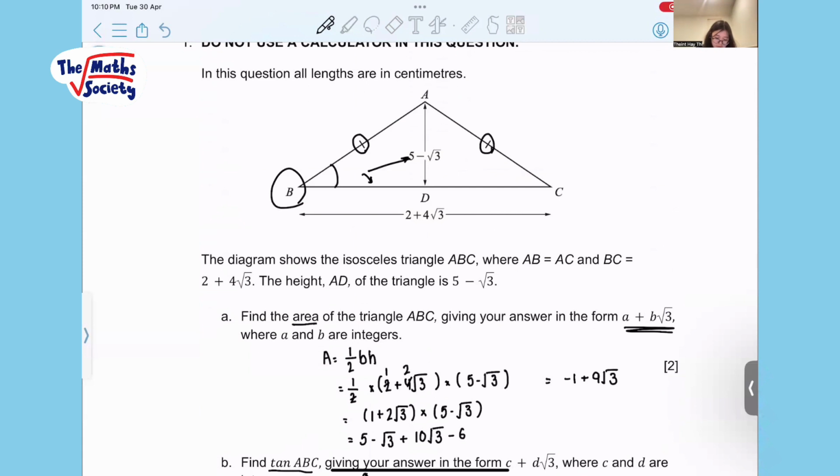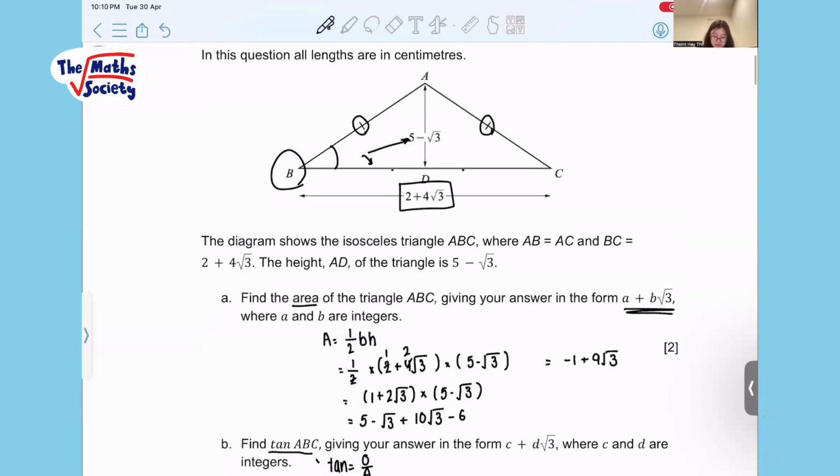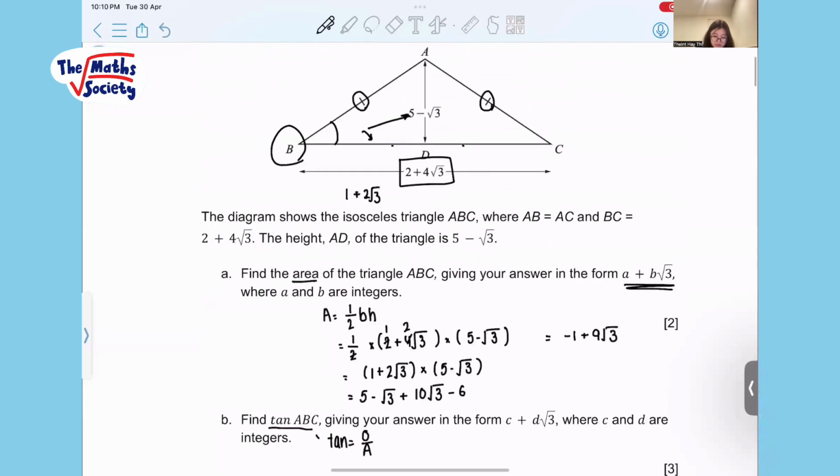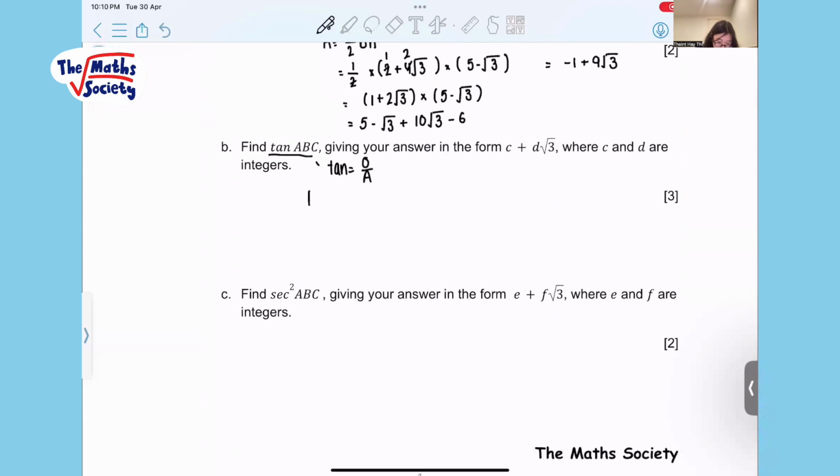Because we know that it's 2 plus 4 root 3 on the same side, if you just divide it by 2, you have 1 plus 2 root 3 on one side, yeah? So we know O by A, which is 5 minus root 3 by 1 plus 2 root 3. So tangent B equals O by A, which is 5 minus root 3 over 1 plus 2 root 3.